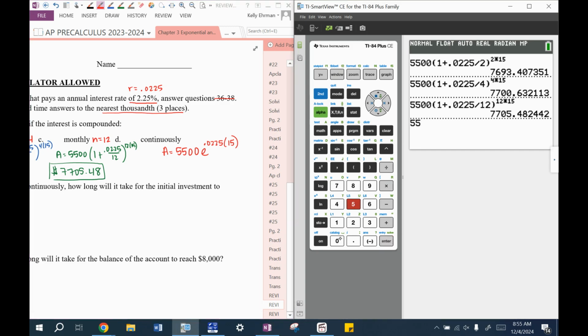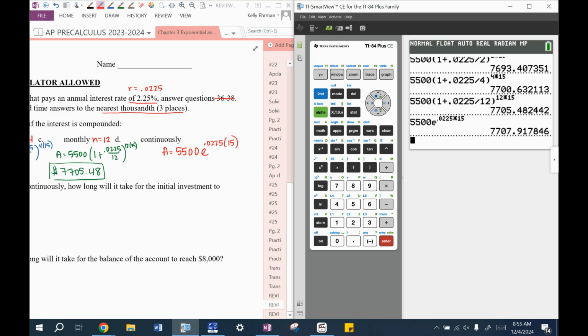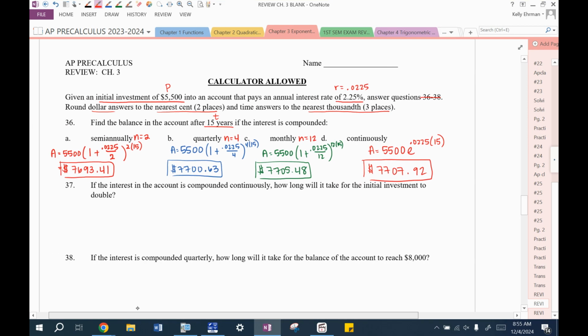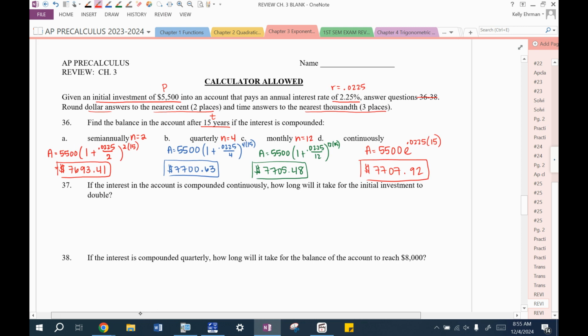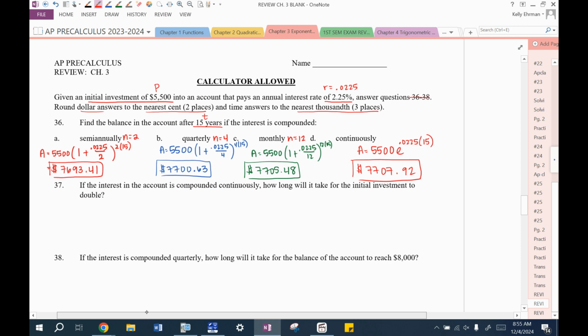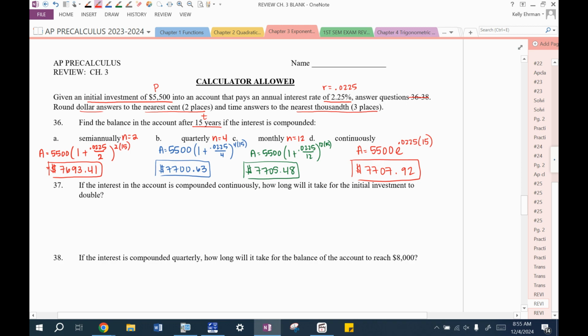Right, so 5,500 times e to the 0.0225 times 15. $7,707.92. You can see all of my answers are sort of in the same ballpark, because we're not drastically changing things, just how many times we collect interest. And the more times a year you collect interest, the more money you're going to have. So it makes sense. If your numbers are wildly different, though, when you're doing this, you'll know that there's a typo somewhere.